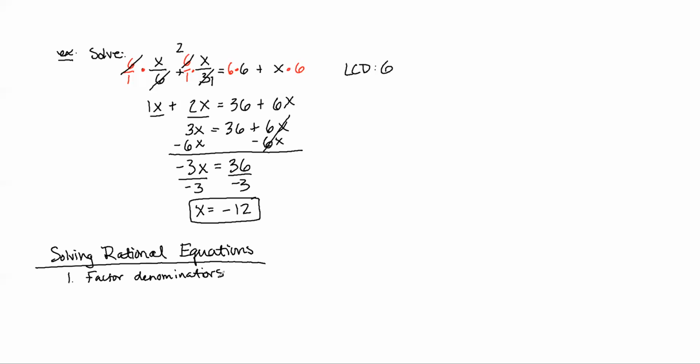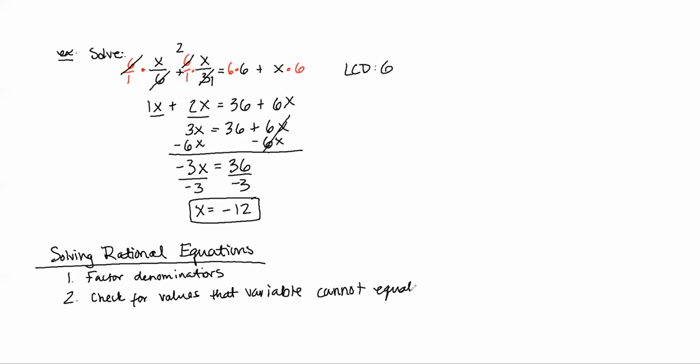The reason for this is because when we're finding the LCD, we're going to need to know the different factors. So this is going to help us find the LCD. It's also going to help us check for values that the variable cannot equal.